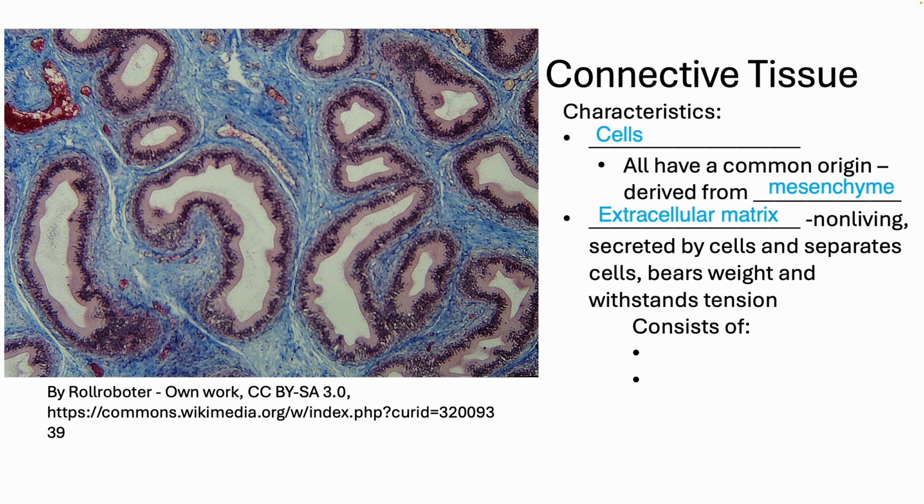So this is going to be stuff that's secreted by the cells and ultimately separates the cells and helps bear their weight and withstand tension. The extracellular matrix is going to consist of two components, the ground substance and the connective tissue fibers.